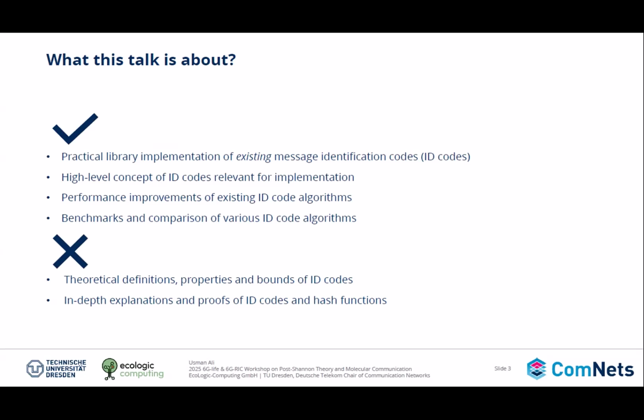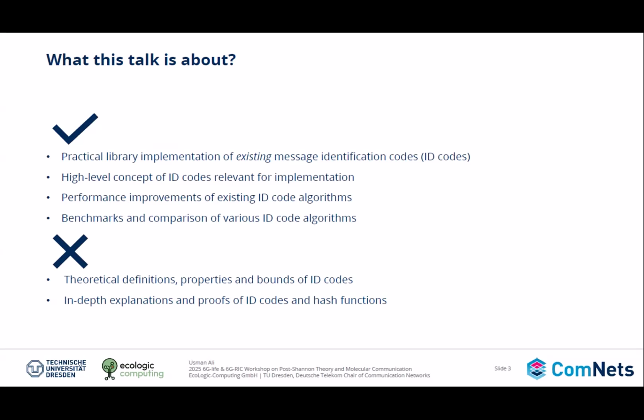And also some features that are part of the CPU architectures to speed up the execution time for these codes so they can be more practical. I will not go into the theoretical definitions. I think those are pretty well explained in the previous talks today in the morning and also in the afternoon. And also not go into the details of the proofs of ID codes and hash functions.